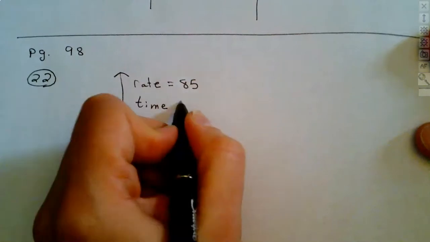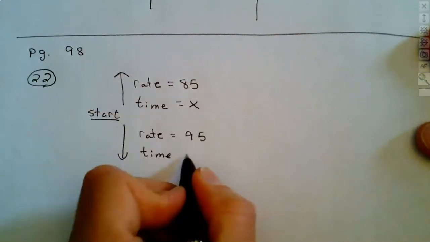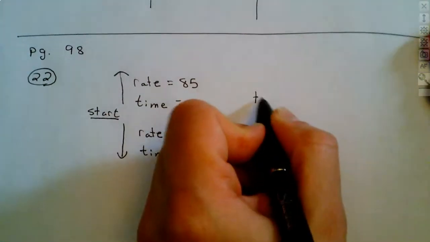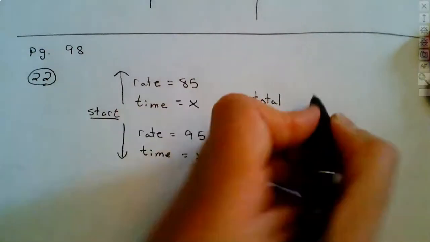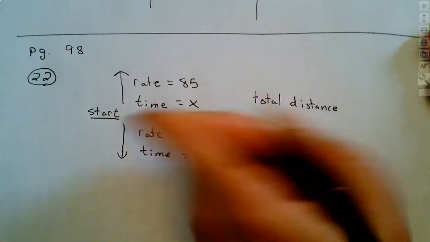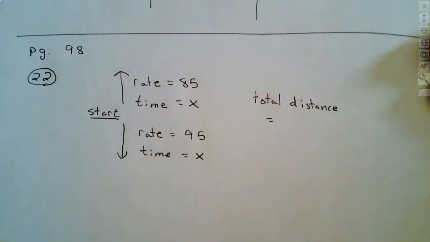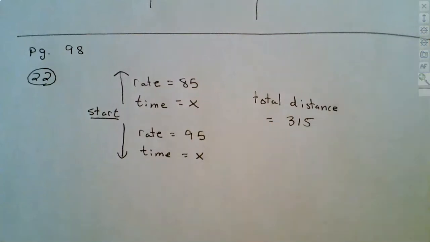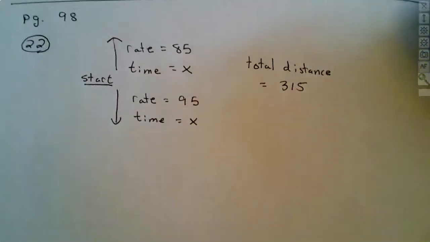What we don't know is the time. So I'm going to use X because they leave at the same time. And we know our total distance is given in the problem. And our total distance that these need to travel is 315 kilometers. So that's going to be our total distance.